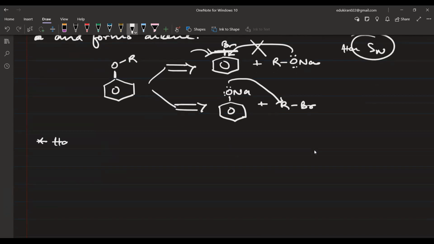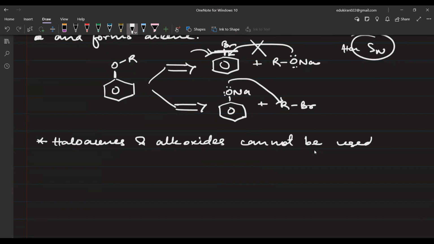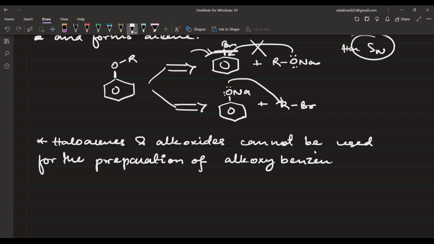Next point: haloarenes and alkoxide cannot be used for the preparation of alkoxybenzene, as haloarenes don't undergo SN.